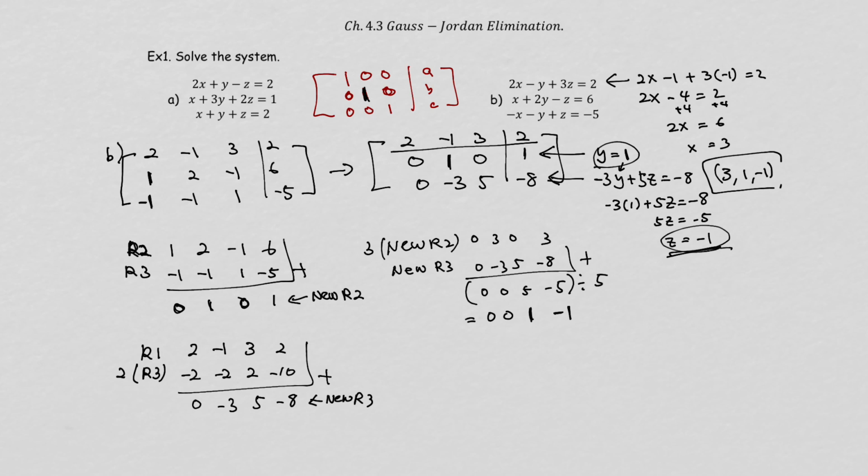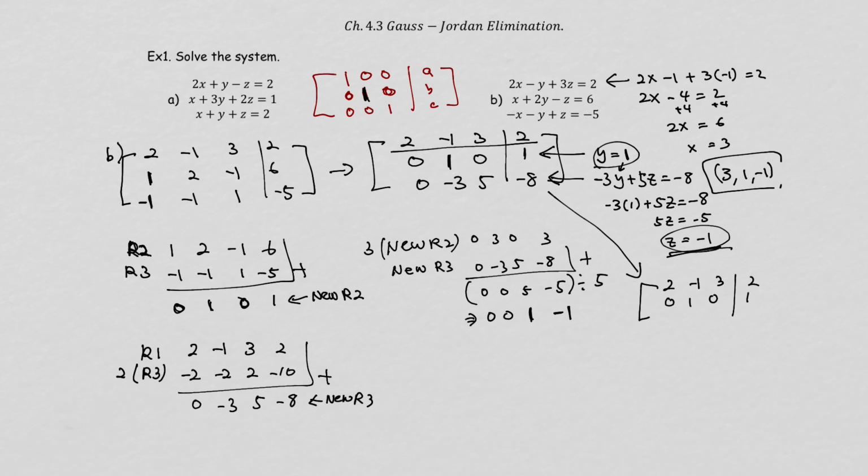Which is the same. So if I wanted to make the matrix, I have solutions row 3. I have 2, negative 1, 3, 2, 0, 1, 0, 1.